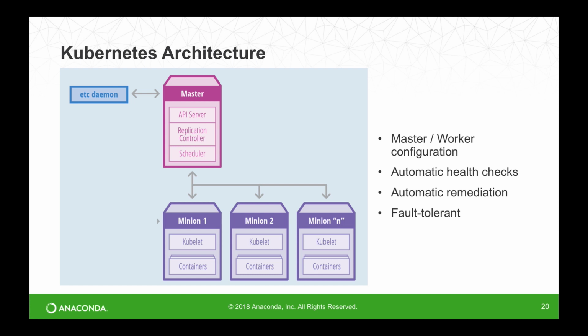So the Kubernetes architecture is actually very similar to many other orchestrators in the sense that there is a master, and multiple masters in a redundant configuration. And the master essentially controls the cluster and is in charge of providing an API so you can configure Kubernetes. So everything you do in Kubernetes is essentially sent to the master, and it figures out what each of the minions, each of the worker nodes, has to do.